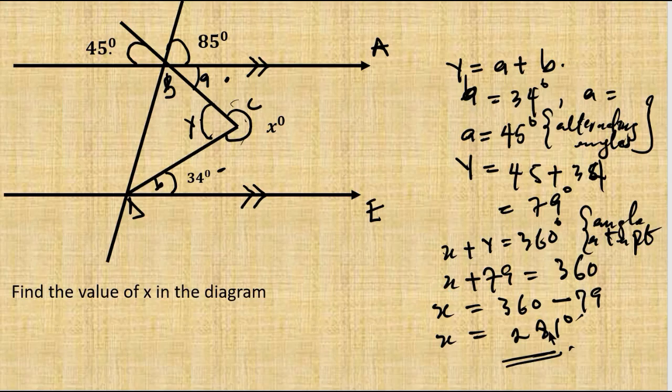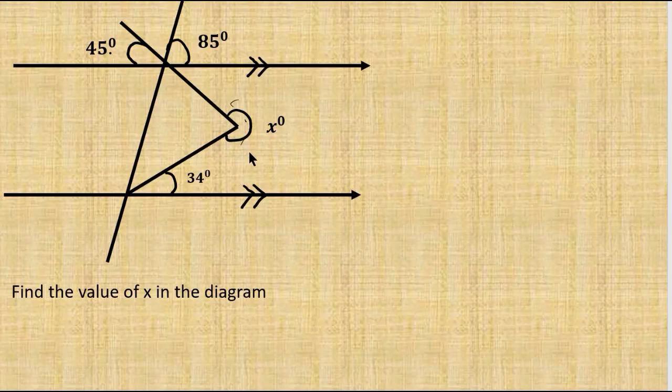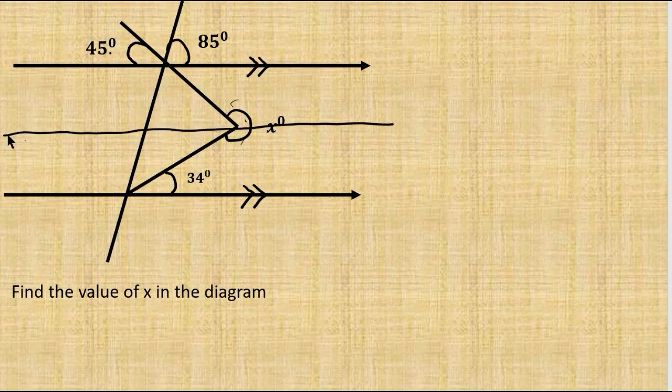Now, to the second method, I'll be using just the alternating and the corresponding angles. Let's do that. Now, we're back to our shape. To use alternating and corresponding angles, the first thing I want to do is draw another line at the exact point of X, such that this line is passing through this point and is also parallel to these two lines.